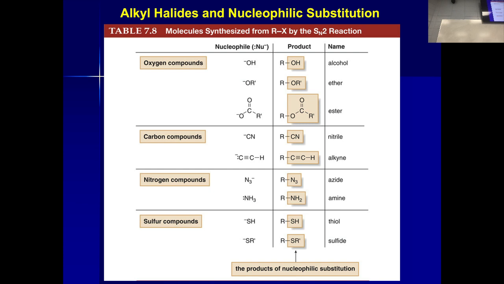So if I was comparing these nucleophiles with one another, they're all fairly strong, but which one do you think would be the strongest? The oxygen. Oxygen's not bad, but it's not the best.